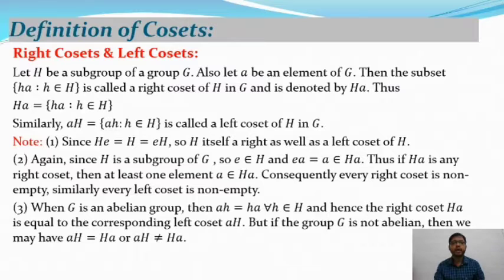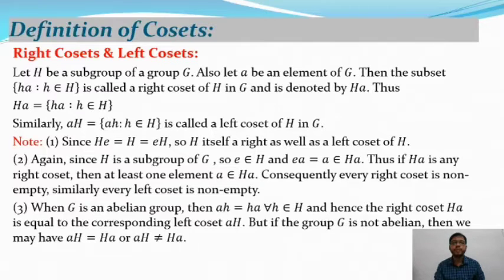and is denoted by Ha, where H is a subset of G and a is an element of G. Thus Ha is equal to h into a such that h belongs to H and a belongs to G is called the right coset.